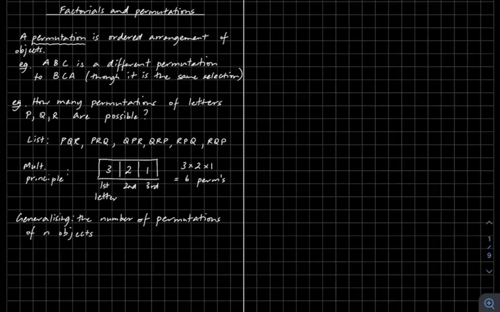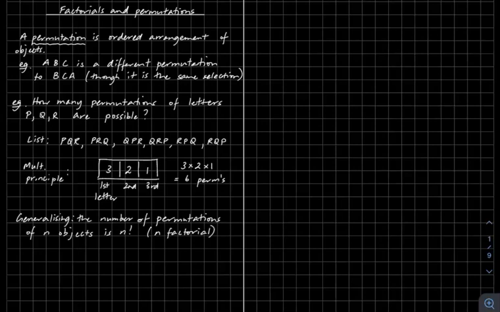Well, for 3 objects, it was 3 times 2 times 1. So for n objects, it's going to be n times n minus 1 times n minus 2, and so on, all the way back to 1. And that, in a shorthand way, we can write as n exclamation mark, which is pronounced or said as n factorial.